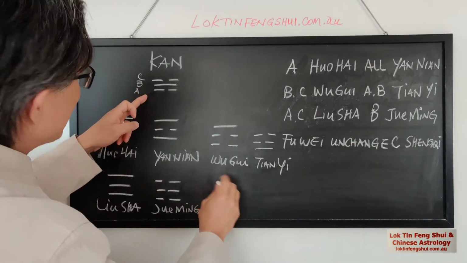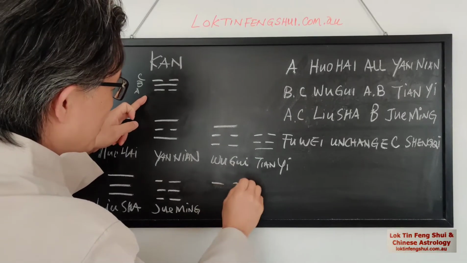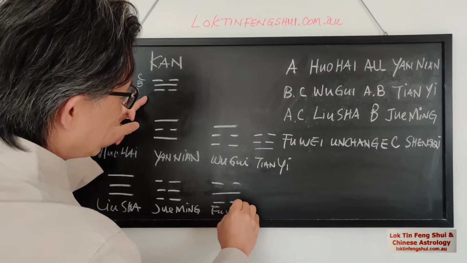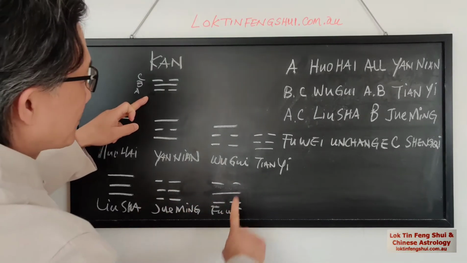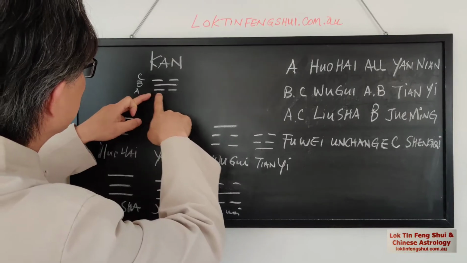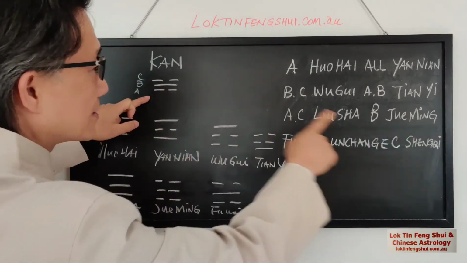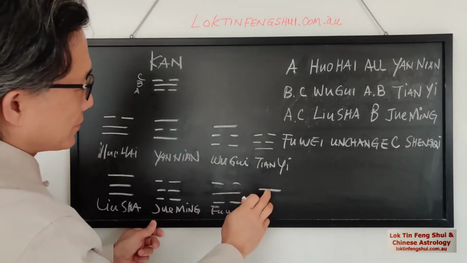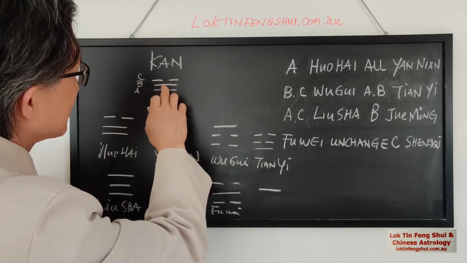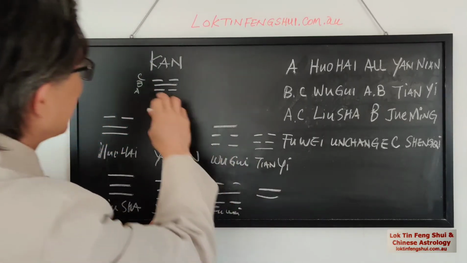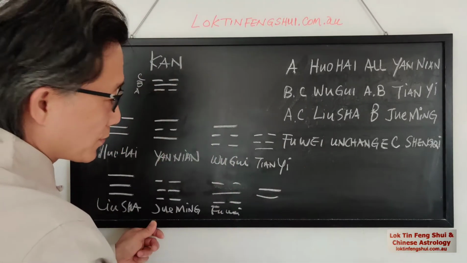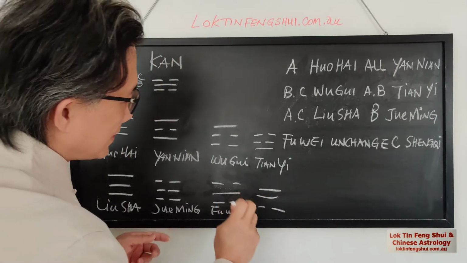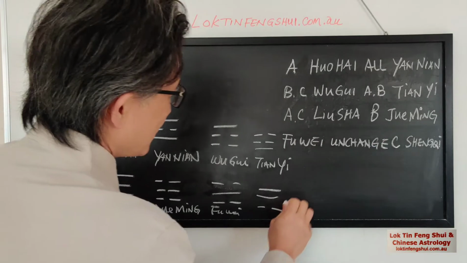So the top one changes from yin to yang, the middle one is unchanged, and the bottom one A is unchanged as well. So this becomes Sheng Qi.